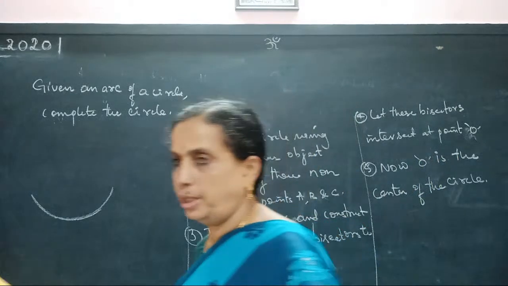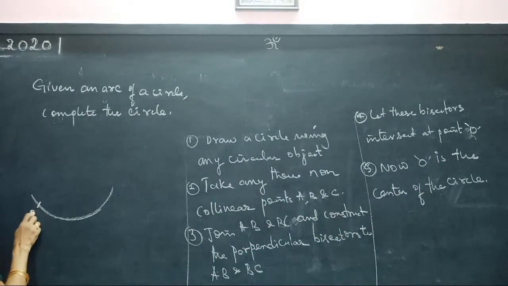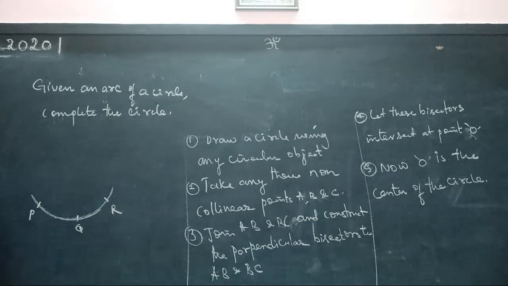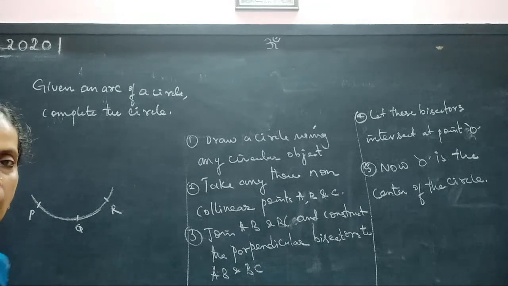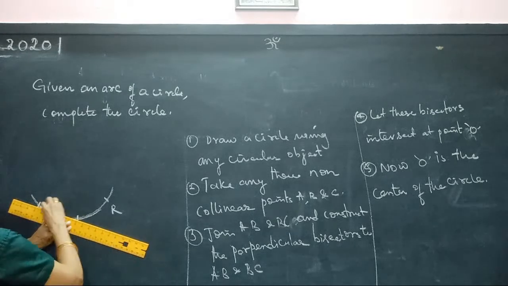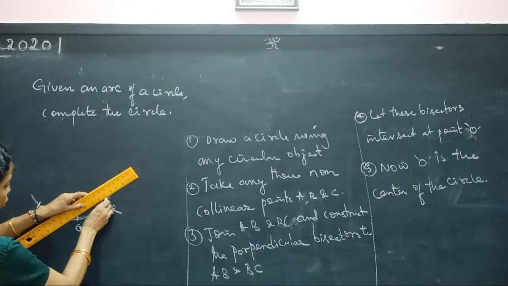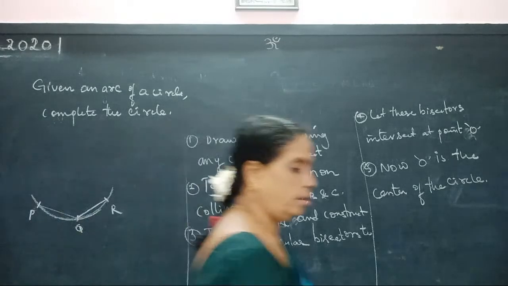Same procedure here also. This is the given arc P, Q, R. Take three non-collinear points on the given arc, then join P, Q and join Q, R.